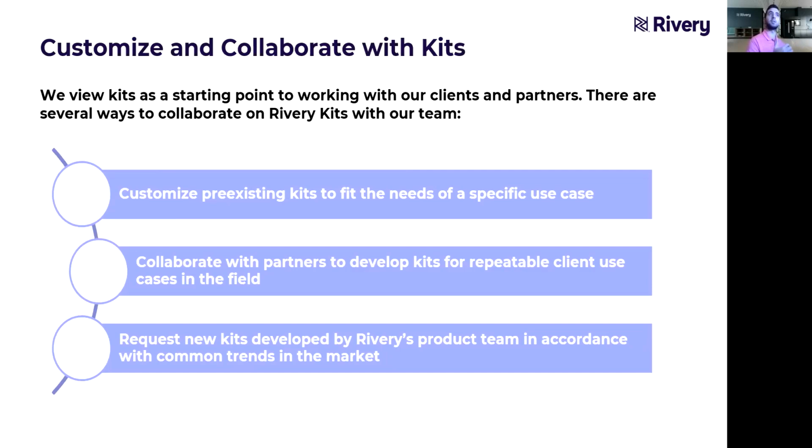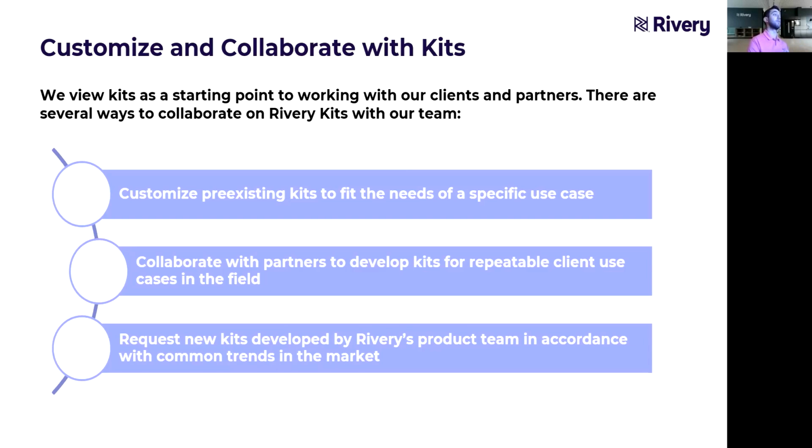Let's say a digital agency also needed TikTok data, or some other social platform that isn't initially supported within that kit. It's definitely something that we could work to customize alongside our excellent support staff. And again, the customization can be across a wide range of different use cases. So that's one area that we see as a potential area for collaboration.